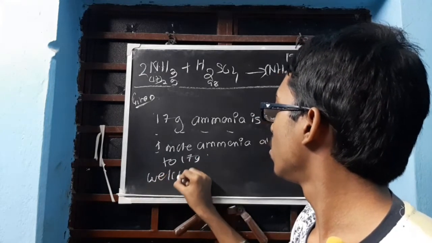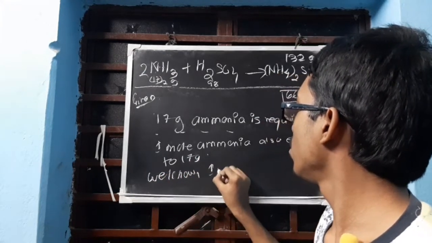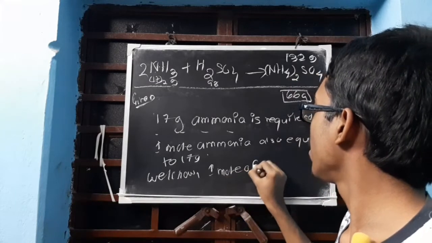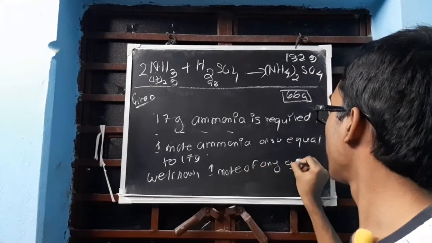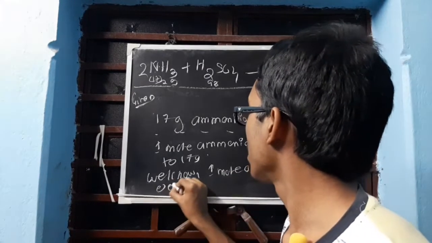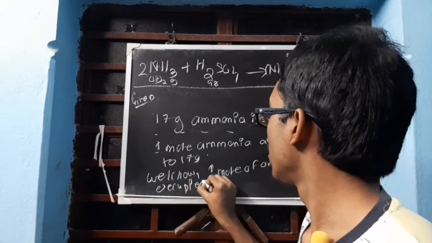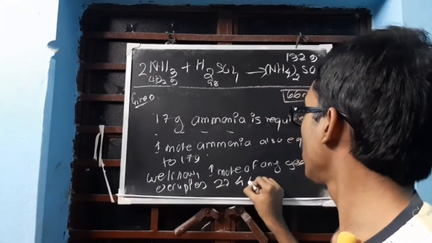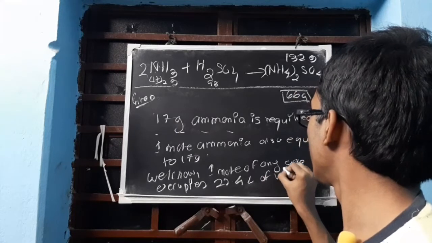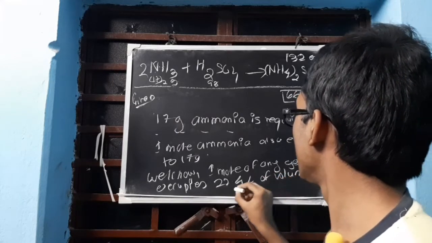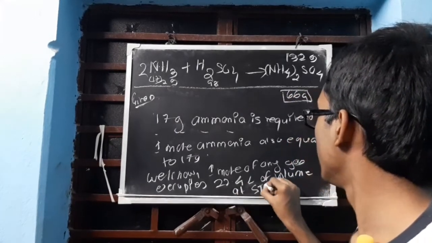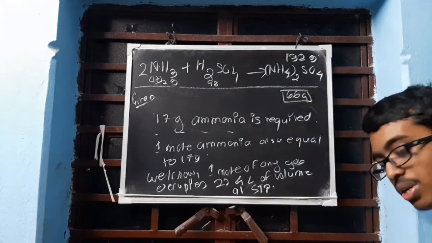We know 1 mole of any gas occupies 22.4 liter of volume at STP. Clear? So the required answer is 22.4 liter.